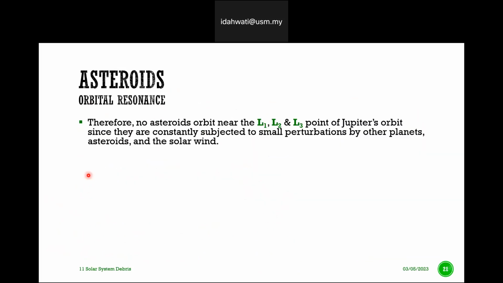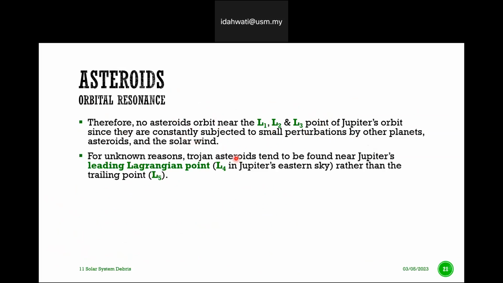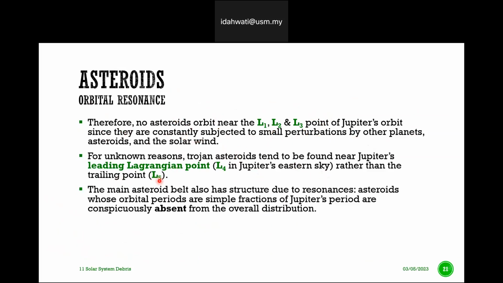Therefore, no asteroids orbit near these 3 points of Jupiter's orbit, since they are constantly subjected to small perturbations by other planets, asteroids, and also solar wind. How about the L4 Lagrangian point? It is positioned at Jupiter's eastern sky, rather than the trailing point L5.